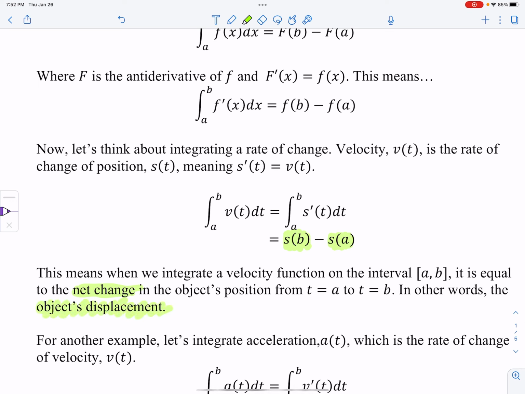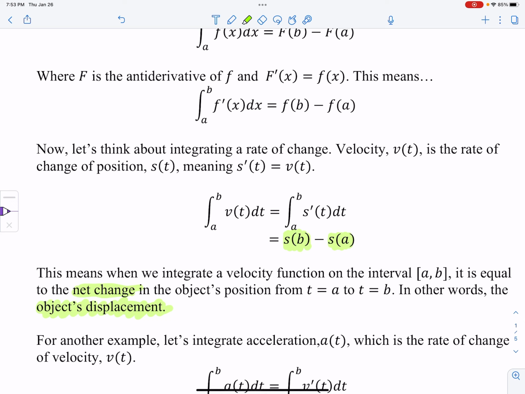Like if you thought about a particle moving in a horizontal line, going left or right. Negative velocity would indicate that the particle is moving to the left, and positive velocity would indicate that the particle is moving to the right. So as time passes, the particle goes to the left, then to the right, then to the left a little bit, but not so much, and then to the right again.